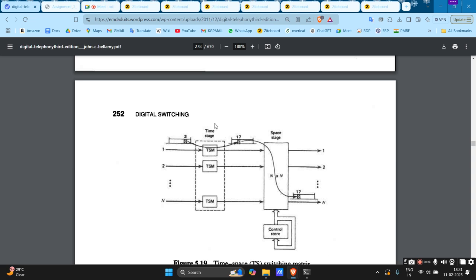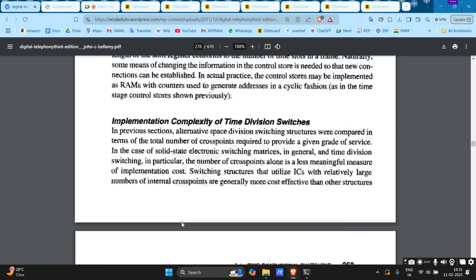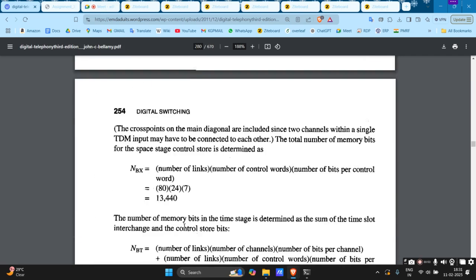This control store controls the flow of data, and we need this because we do not have a dedicated connection for the users. To route the user to the correct data, we need a control store. We cannot rely purely on cross points. So this control store of the space stage will be one part of the memory, and the RAM used in the time stage will be another part of the memory. So there are two parts of the memory.